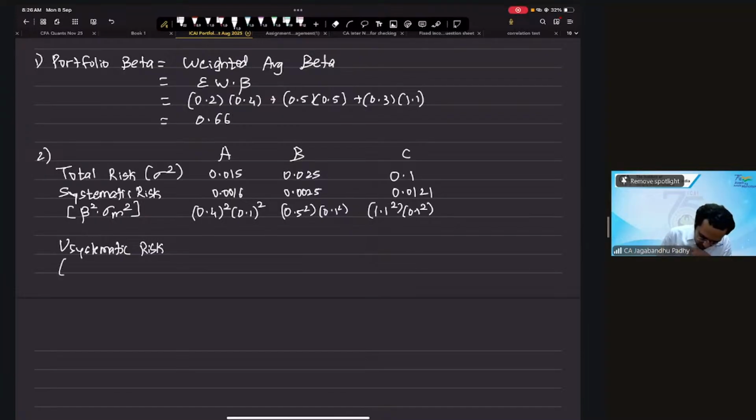Right? So what will be the unsystematic risk now? The unsystematic risk, or what we call as the residual variance.